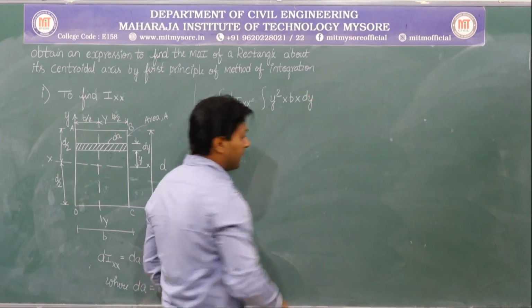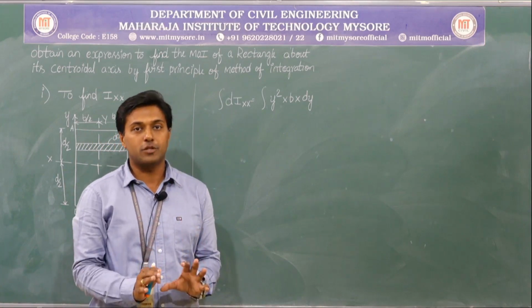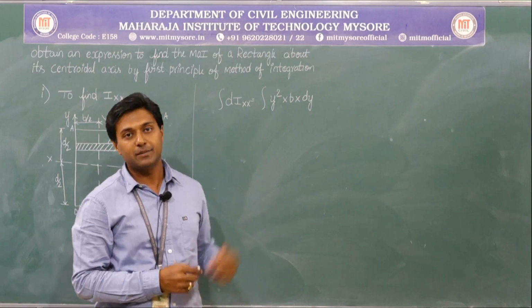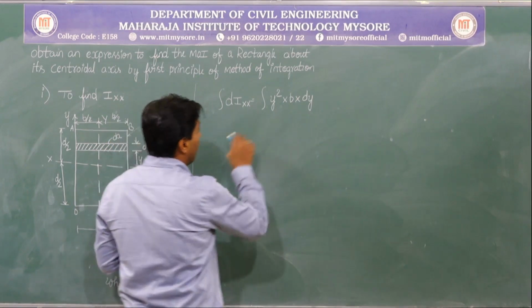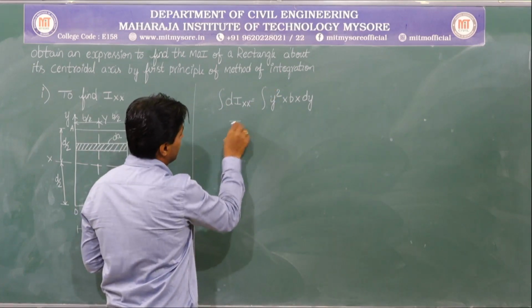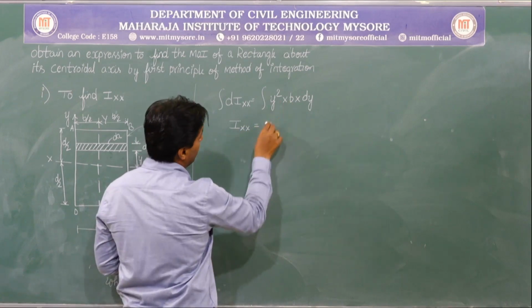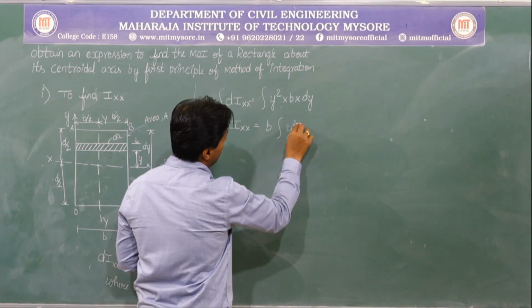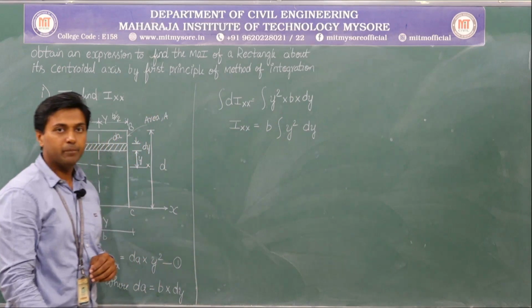You remember that whenever you do any substitution while integrating, you need to apply the limits. It becomes a definite integral. So b is a constant term, let me keep it out, and it is y square into dy. What limit should we apply?